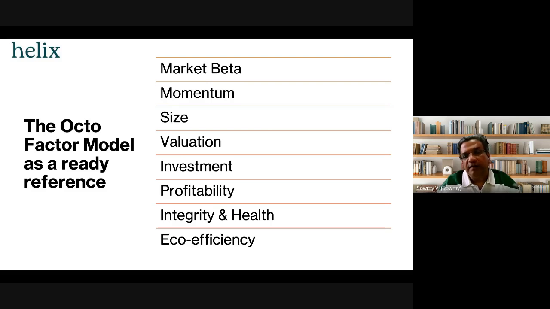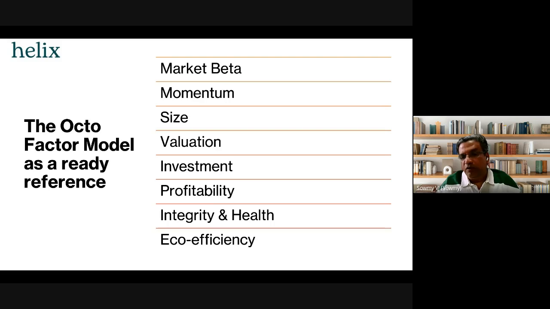When we looked at debt, we said, okay, it is part of fundamentals, but it is also part of the integrity and health factor as well, right? So we used the Altman Z-score in order to assess the integrity of the balance sheet. So that was one side that we did.